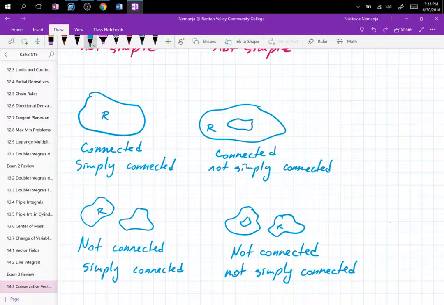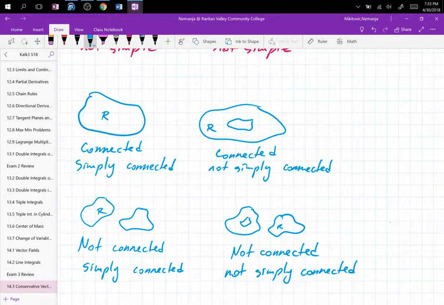Now, over here, obviously, this line that connects 2 points has part of it that is not in the region because there's a hole in the middle. So that's the simply connected and not simply connected and what they mean.